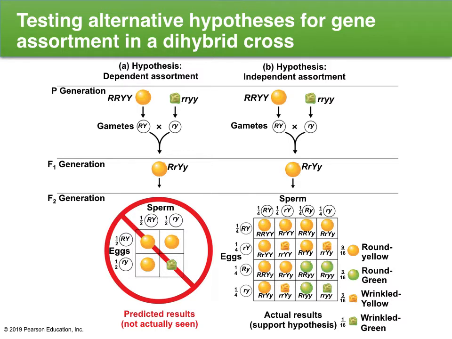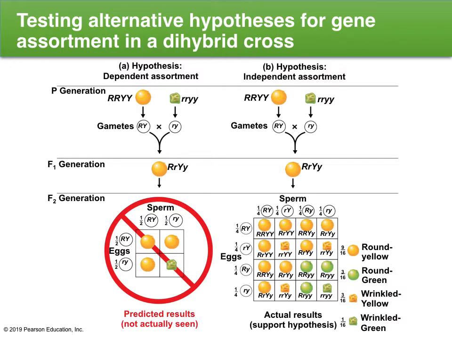3 out of 16 and 3 out of 16 would be the two possible heterozygotes, right? Dominant shape, recessive coloration, recessive texture, and the dominant color, right?